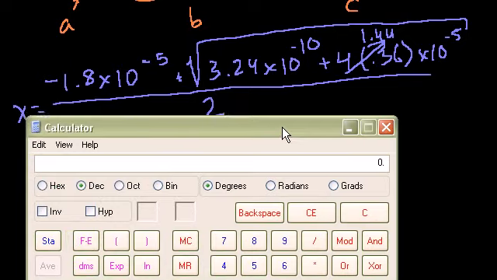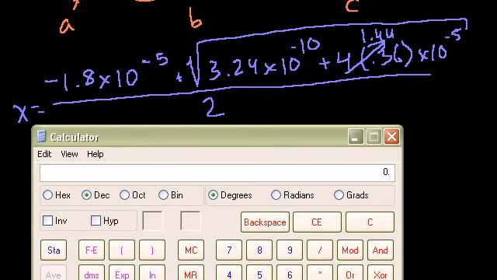So I have 3.24 times 10 to the minus 10, plus 1.44 times 10 to the minus 5 is equal to that. So that's this whole thing under the radical, and I want to take the square root of that. And so that is to the 0.5 power.